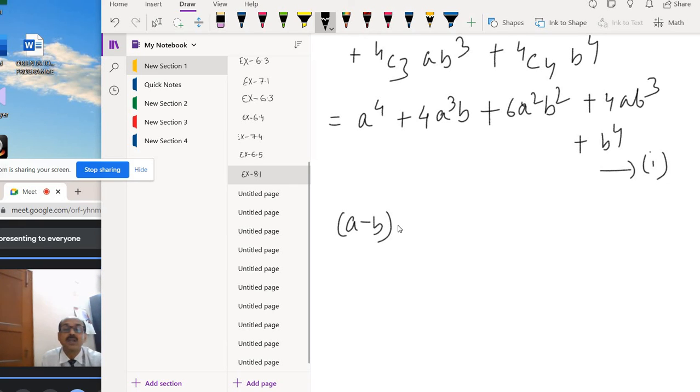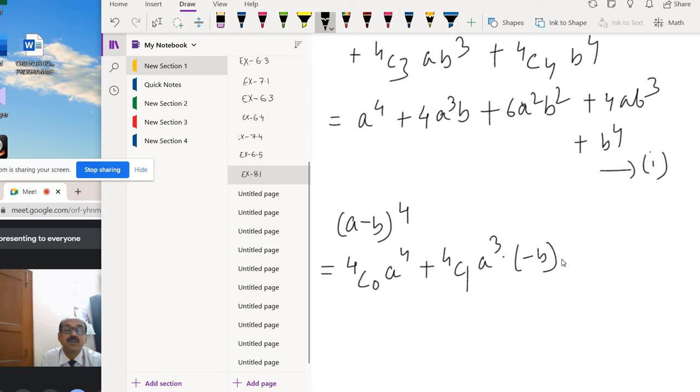So we can write it as (a plus (minus b)) to the power 4, that means 4C0 a to the power 4, plus 4C1 a cube into minus b, plus 4C2 a square into minus b square.